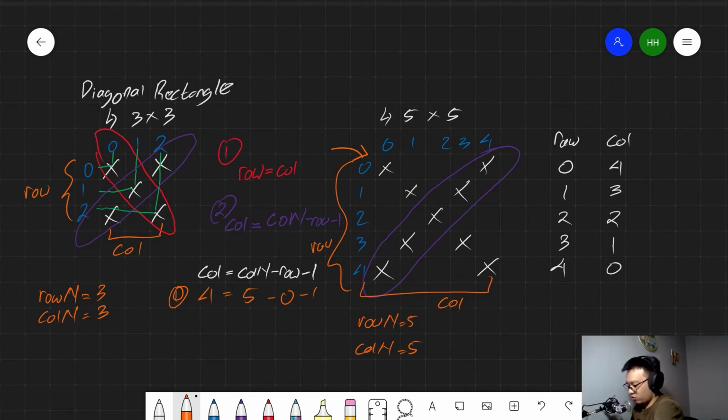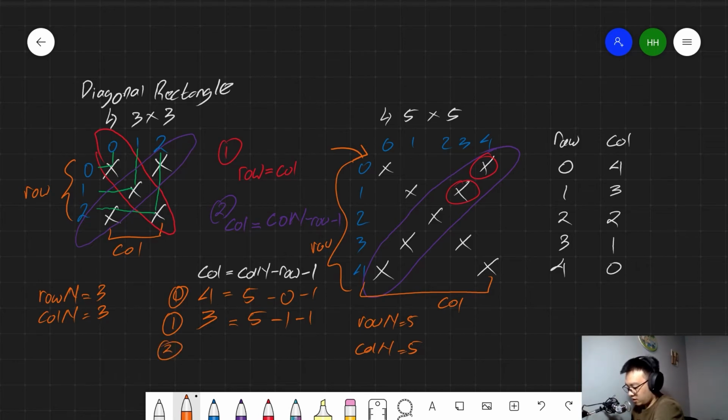Let's iterate to the second row. The same, your column n is 5 and your row is 1, and you minus 1 because the index starts from 0, right? So 5 minus 2 is 3. You see, you print x in index 4, you print x in index 3.